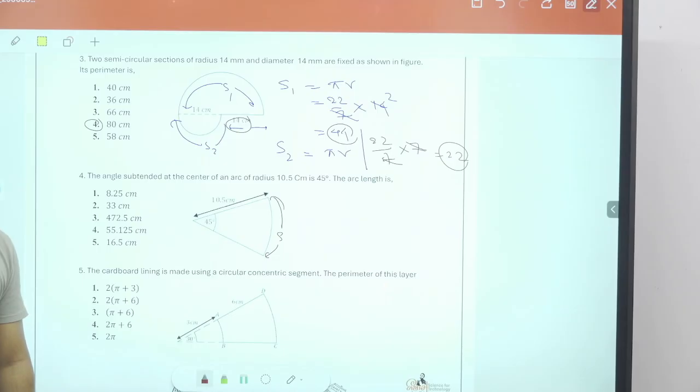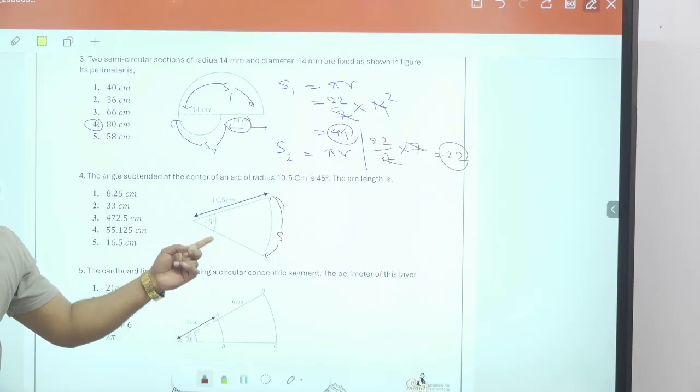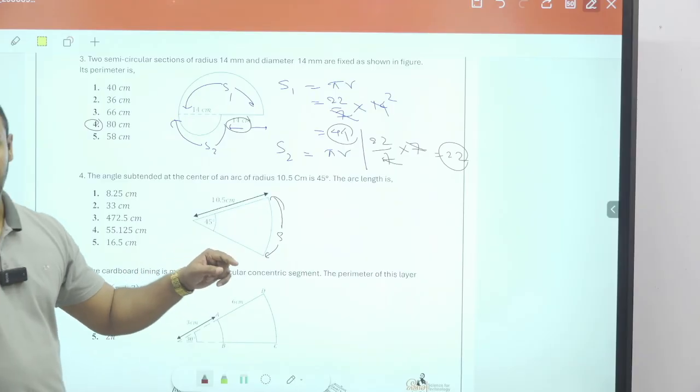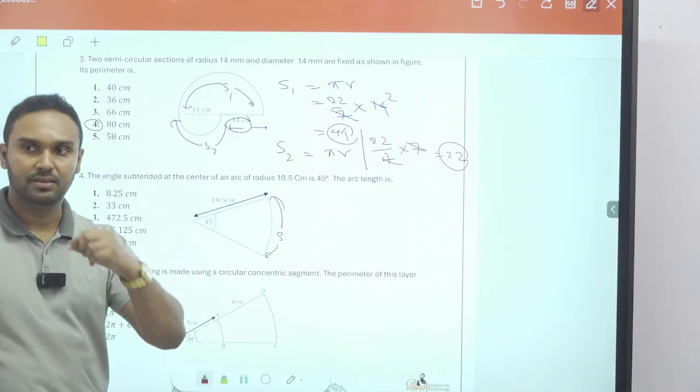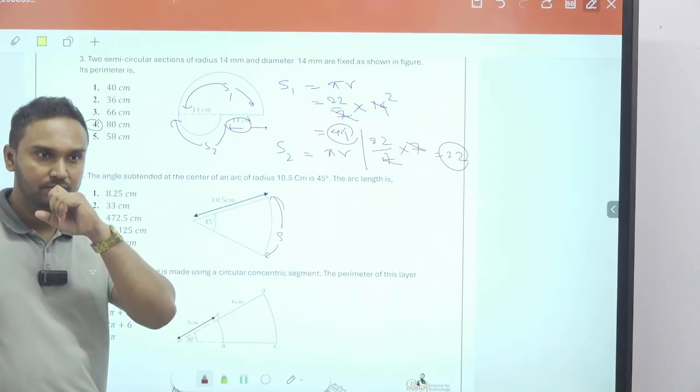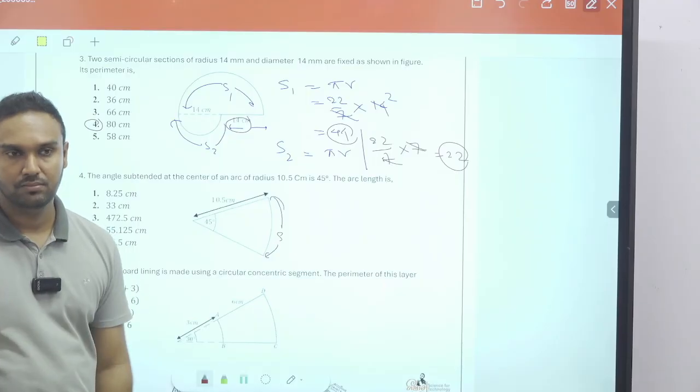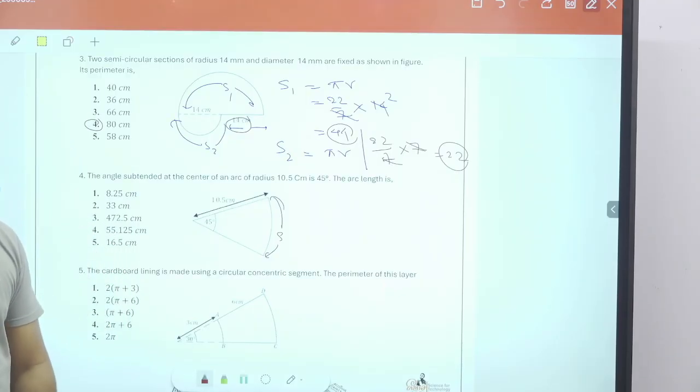Theta over 360 into 2 pi r. That is one way. Or else you can use radians, right? S equals r theta. So to do that, you have to convert the degrees into radians. So 45 degrees is how many radians? Pi over 4. Use the radians. That's easy.